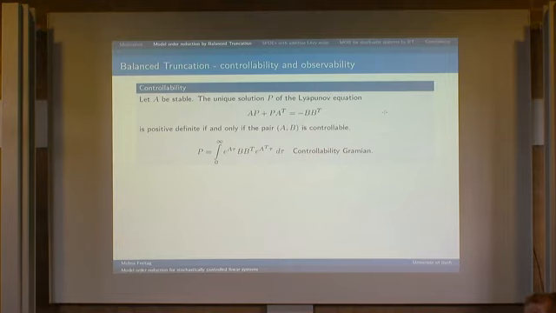I've got a clarification question. I was just wondering about your error bound. Is that for going from the ODE to the reduced order ODE, or from the PDE to the reduced order ODE? From the ODE. I've discretized the system, and I'm looking at the error in the output.